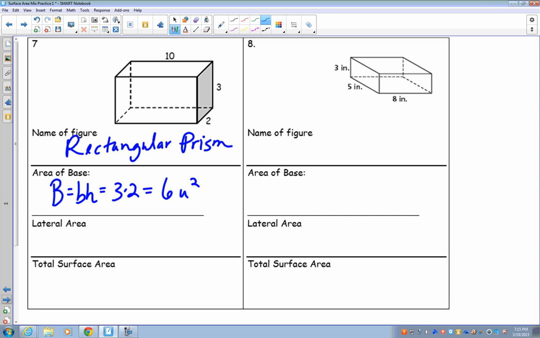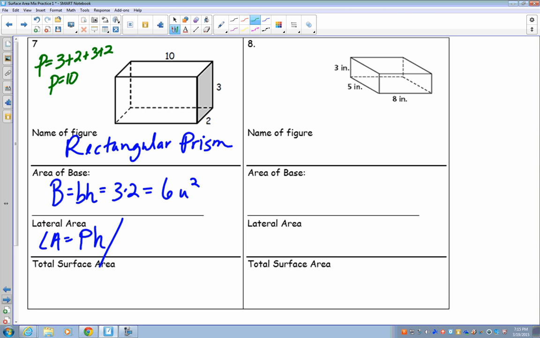Now, to find our lateral area, same formula: the perimeter of the base times the height. You can find the perimeter of the base by adding up your sides, 3 plus 2, 3 plus 2. So we should get that the perimeter is 10.